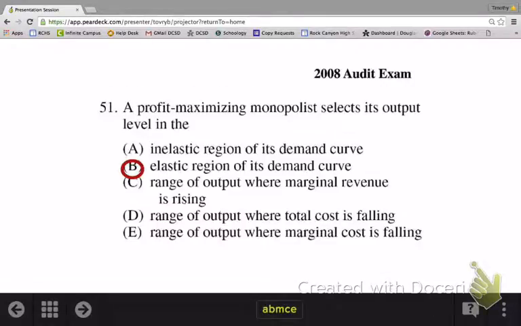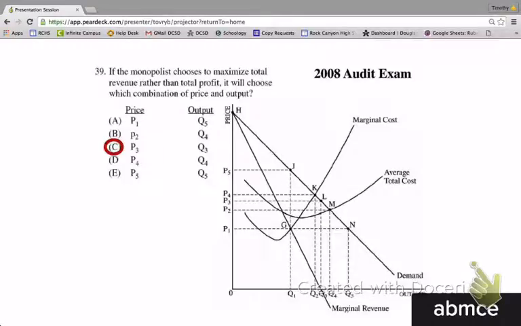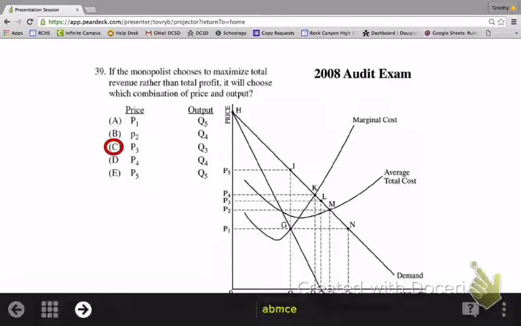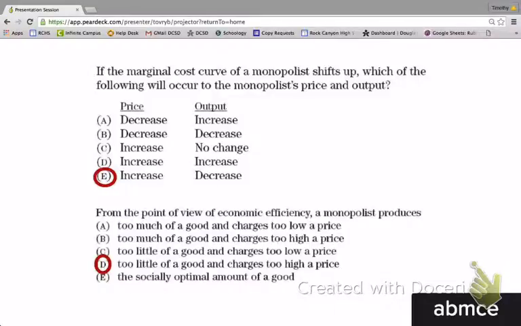Question 51 from the 2008 exam. Question 39 from the 2008 exam. Here's another two questions.